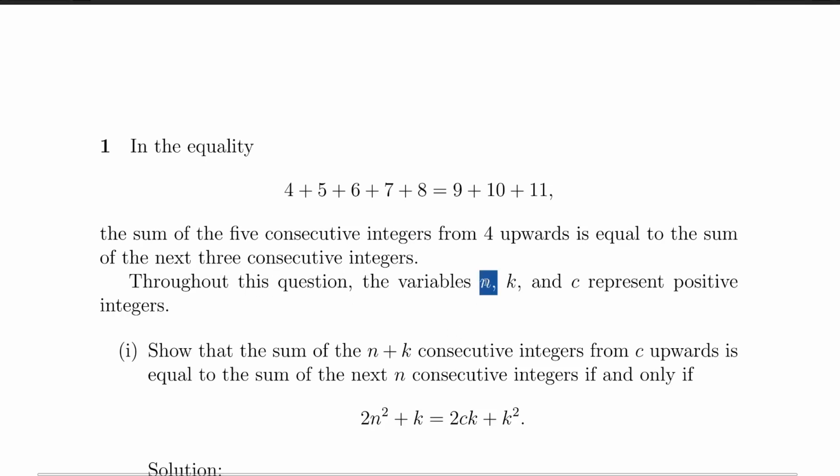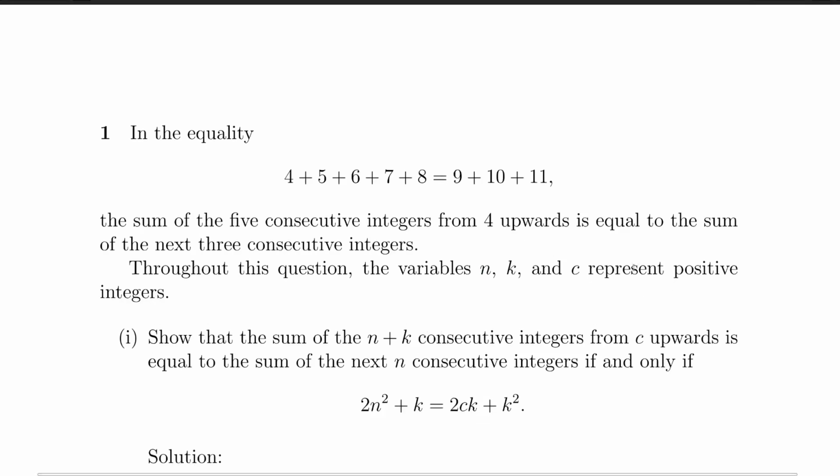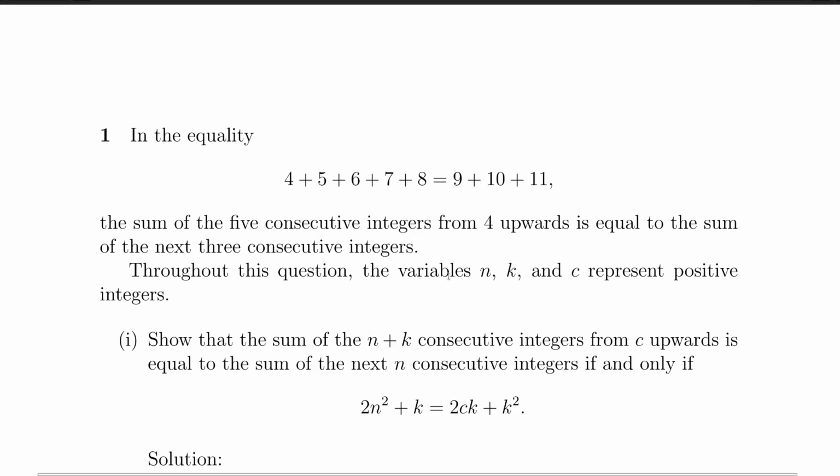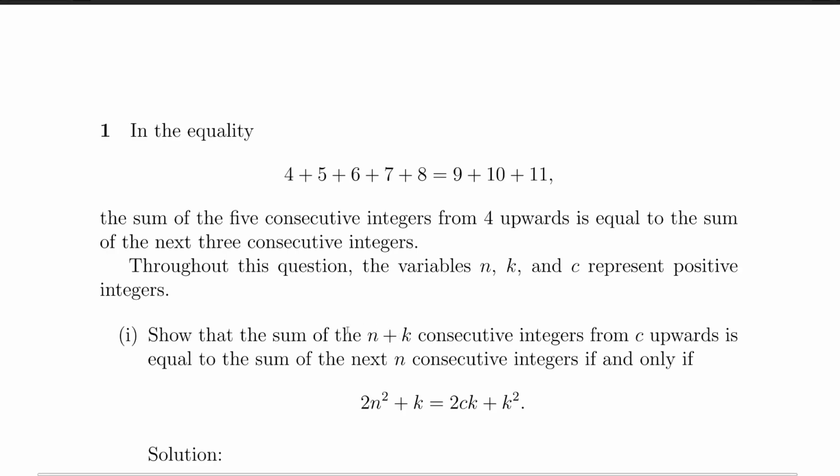Importantly, something to note is that n, k, and c are positive integers. Now, I don't actually know if that includes 0 or not. I don't know how Step likes to do things, but I don't think that's relevant in this question anyway.